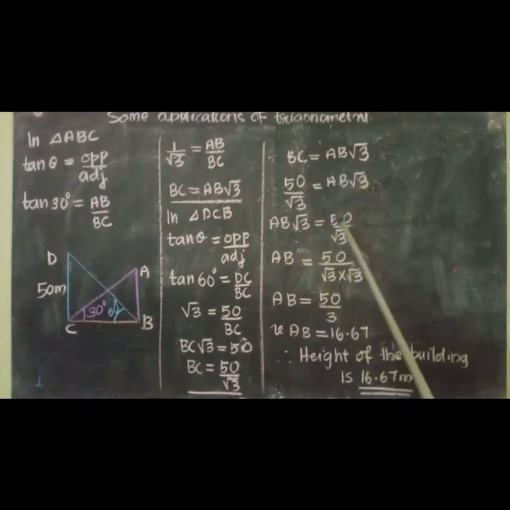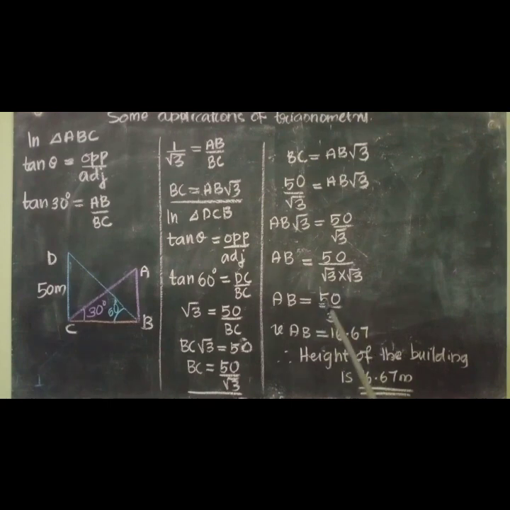Change the sides. We get AB root 3 equal to 50 by root 3. Take this root 3 to right side. We get AB equal to 50 by root 3 into root 3. That is AB equal to 50 by 3.